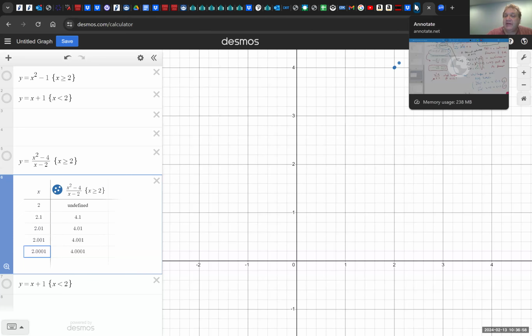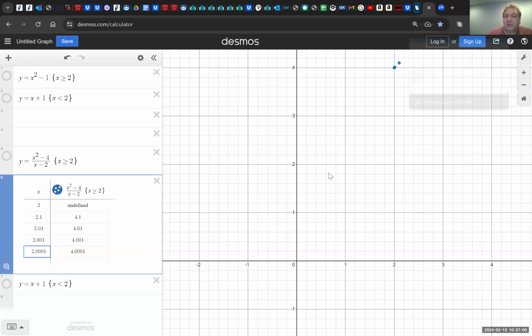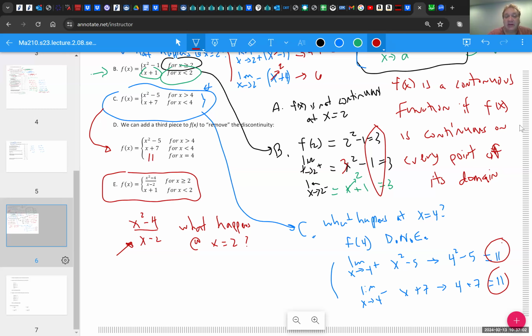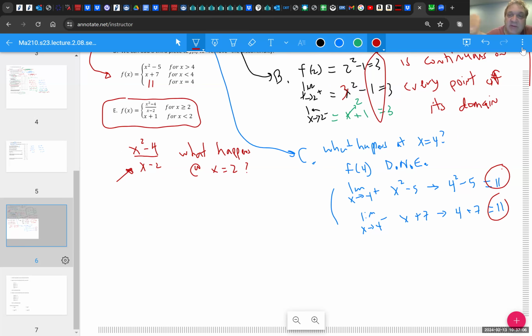We can do a sneaky little algebra trick for this function by factoring it. Because we're interested in what happens at 2, we need to find the value of the function at 2, the limit from the right, and the limit from the left.